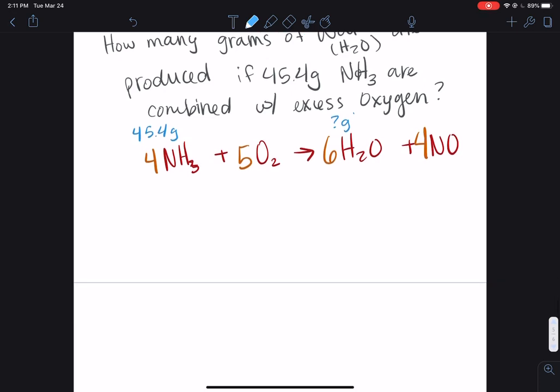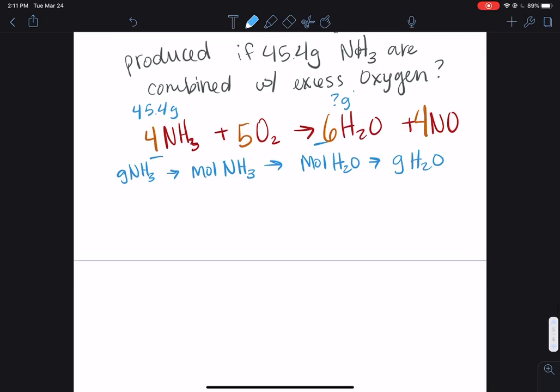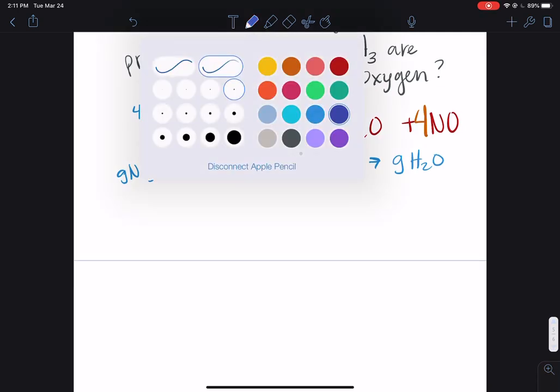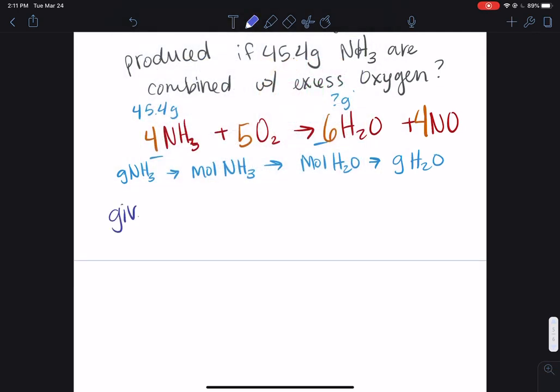All right, so the path for this is going to be grams of ammonia to moles of ammonia. And then once we're in moles of ammonia, we can go to moles of water by using the coefficients. And once we are there, we can then go to grams of water. It looks complicated, but every single time you're going to stay with this same format. Like I've told you, you will always start with what you're given.